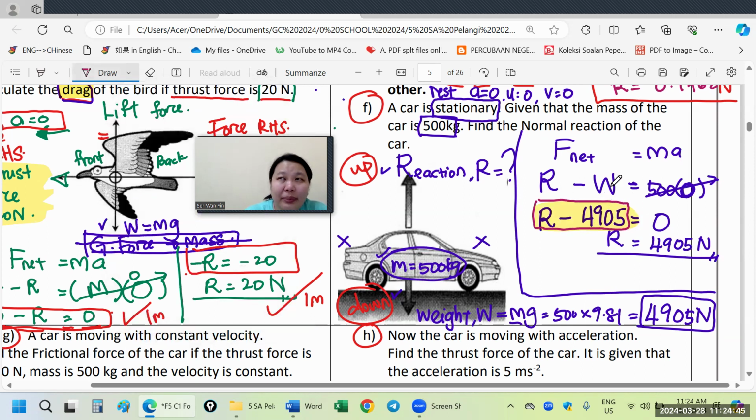But why do I purposely add one more step here? Actually, I can directly move. I will say the force on the left hand side equals the force on the right hand side.